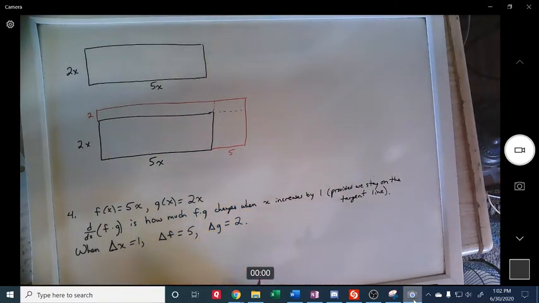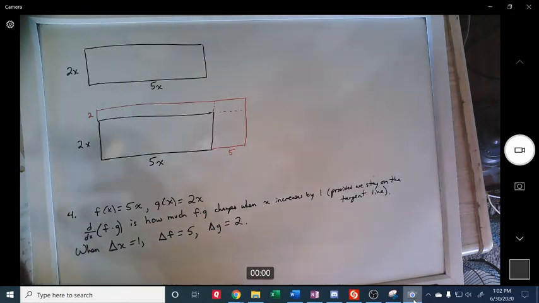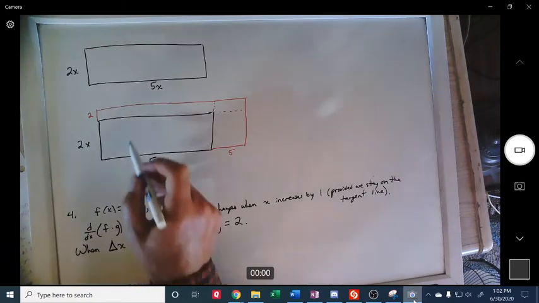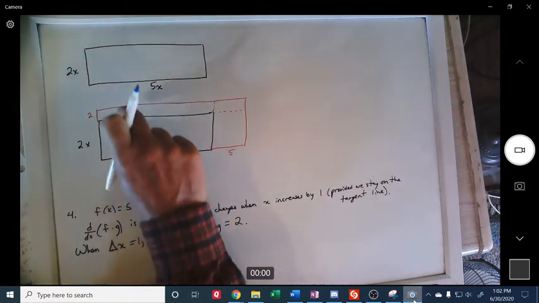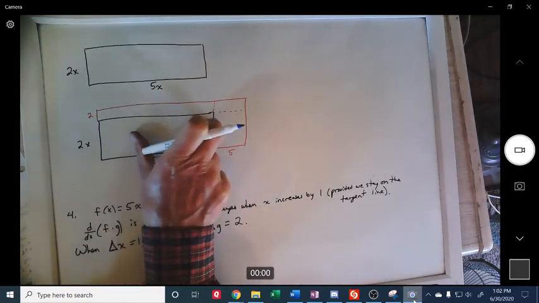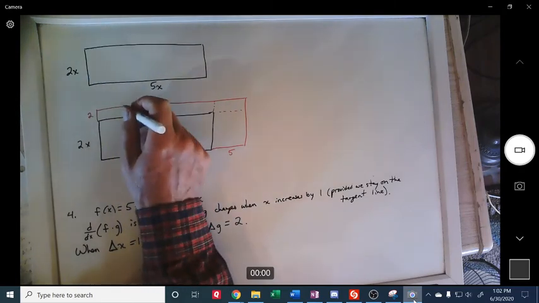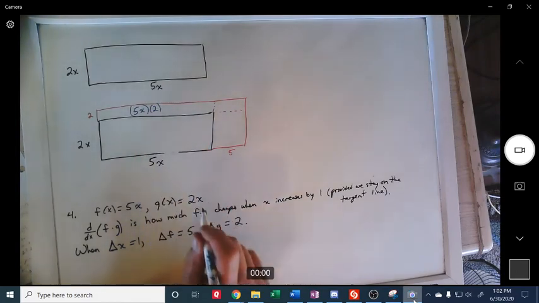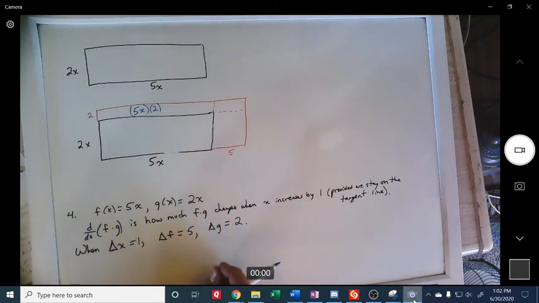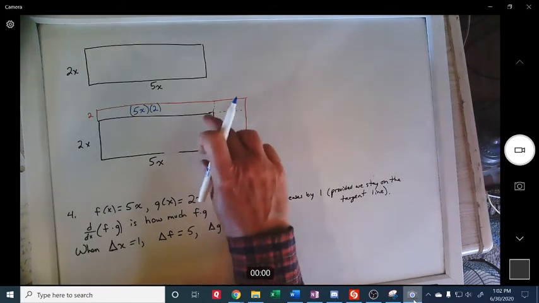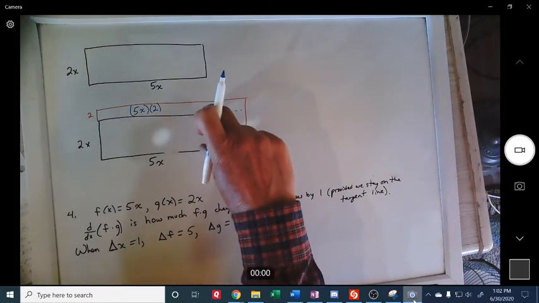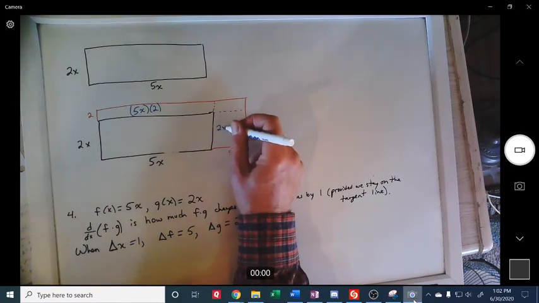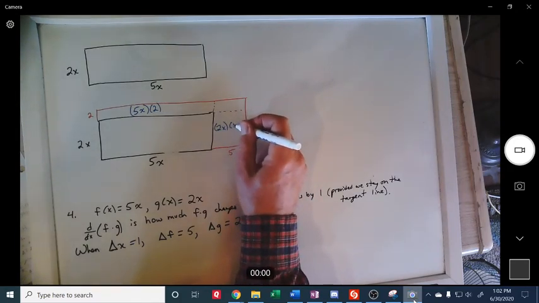Okay, now, what's going to be the area of this part right here? This is going to be a rectangle whose width is 5x, whose height is 2, so it's going to be 5x times 2. What's going to be the width of this, the change in the output? It's going to be height of 2x times a width of 5.